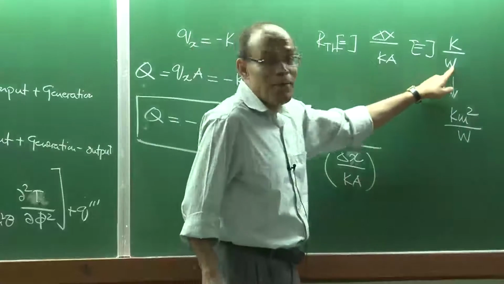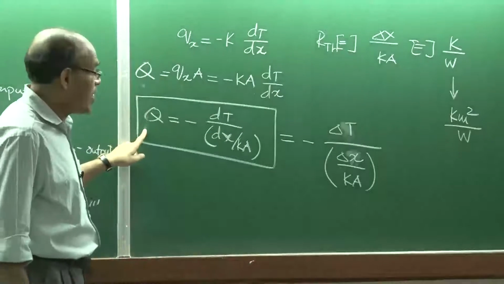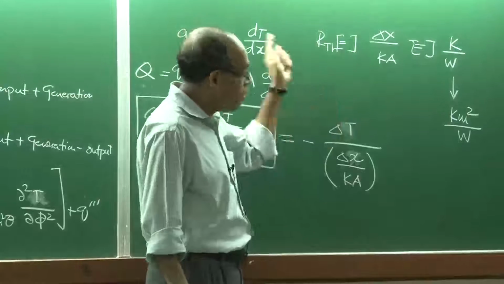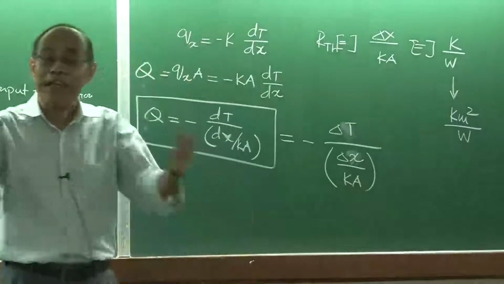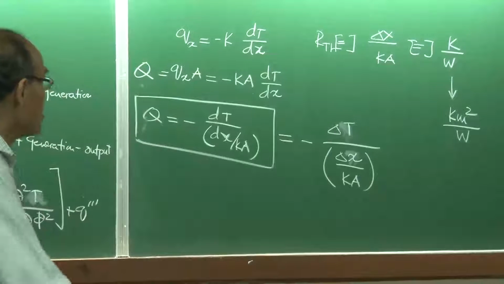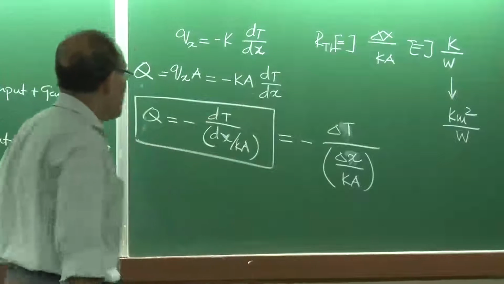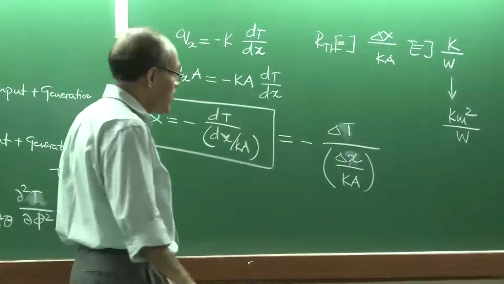Kelvin per watt will come out when you have defined it like this, but the area has come into the picture. On the other hand, defining it with respect to the net rate of heat flow rather than flux is more important for us, because conceptually it is the heat which is flowing and not the flux. Okay, but in the one dimensional context they mean one and the same thing.